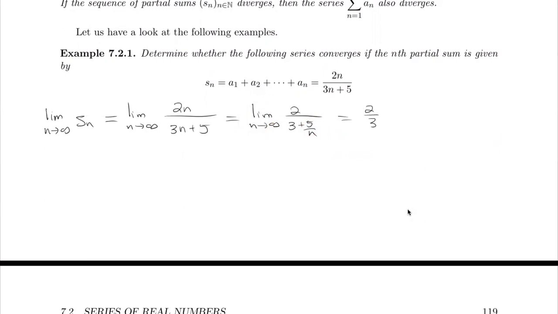Because 2 over 3 is a real number, the series converges, and the value is 2/3. So that's by using definition 7.2.1.